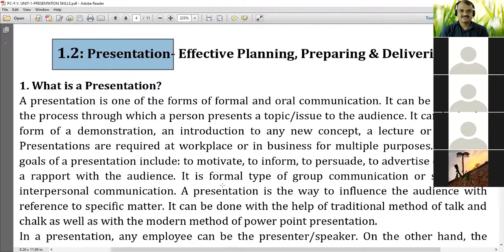That organizational setup, the concepts of business and communication, then different forms of communication which exist in an organization, verbal and non-verbal. Under verbal we had seen oral and written. In non-verbal we had seen body language and graphic language.